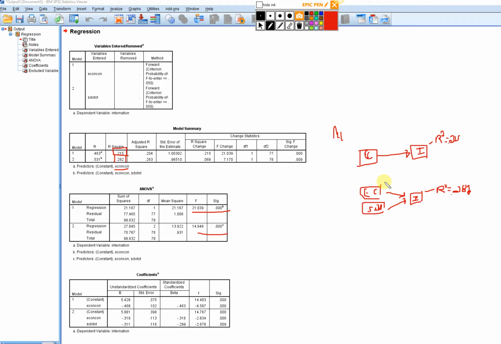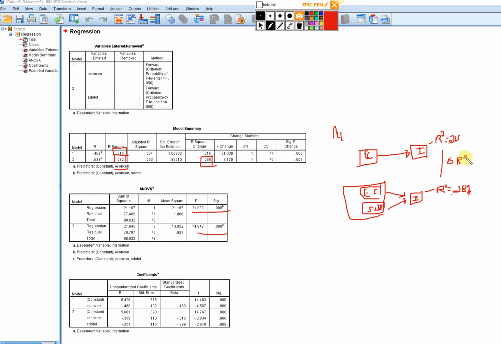The R-squared again reflects the effect of the combined set of predictors on the dependent measure. Then we have the R-squared change value, which is the change from model 1 to model 2 R-squared. This is easily computed as the 0.282 minus 0.215, which gets you the change in R-squared between your two models.